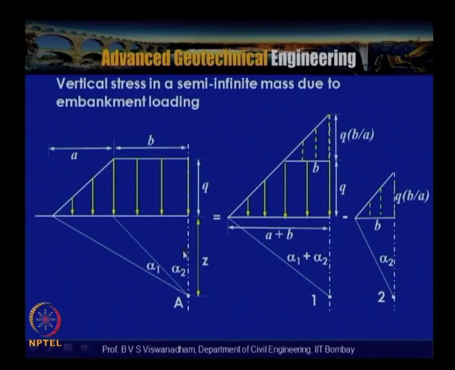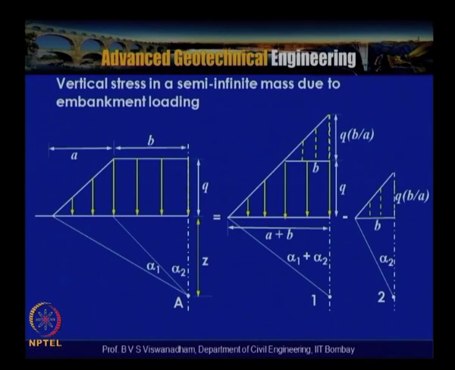Now this point lies right below this point Q, and alpha 2 is this inclination and alpha 1 is this inclination, and now we will use the method of superposition.